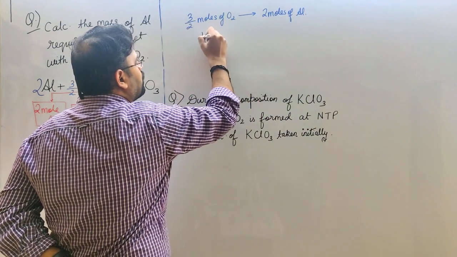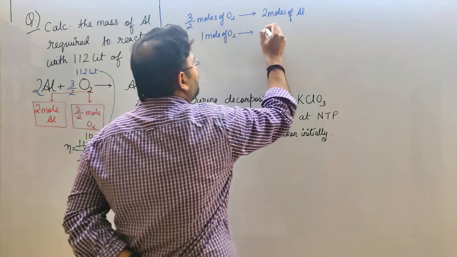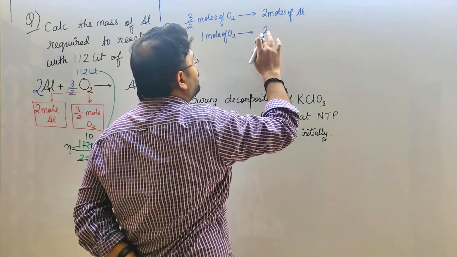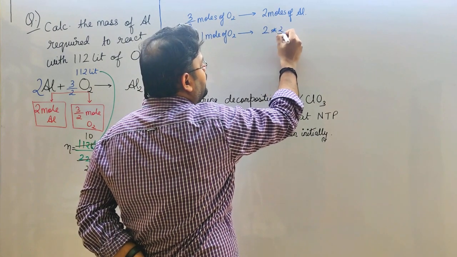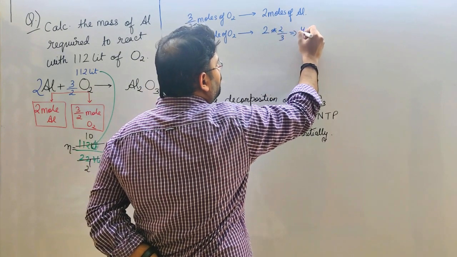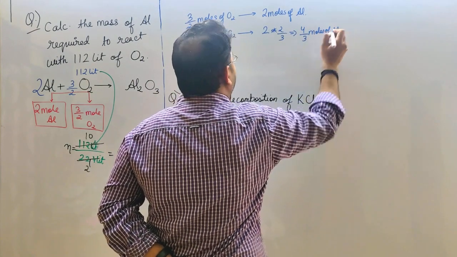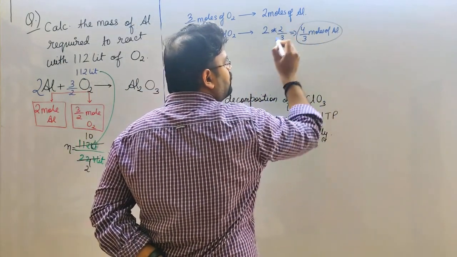So 1 mole of oxygen will require 2 divided by 3 by 2, that is 4 by 3 moles of aluminium. So 1 mole of oxygen requires basically 4 by 3 moles of aluminium.